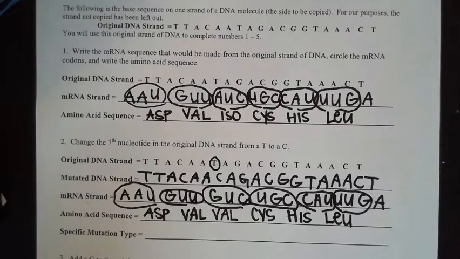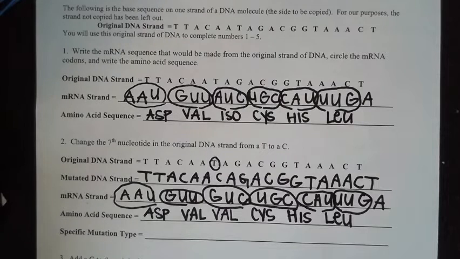Okay, so here is what you should have right now. What the difference caused is for this amino acid to, instead of isoleucine, become valine. So look back at our notes, and I'm going to insert a picture here.